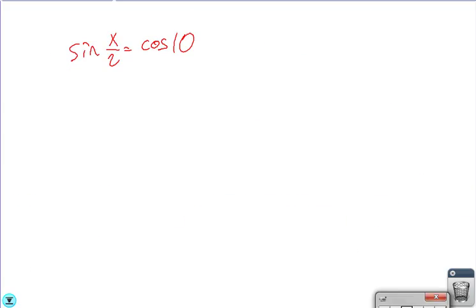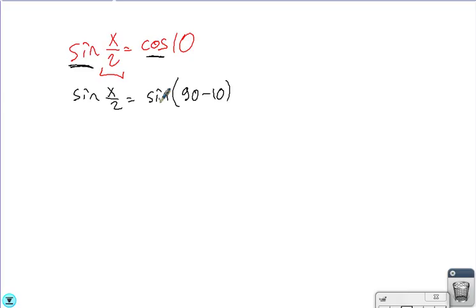Yes, guys, now I prepared the question in an empty place. So, we must have the same trigonometric ratio so we can find an answer. That's why we write sine of x over 2 and we try to change this one. Instead of cosine, I need sine. That's why I can change it like sine of 90 minus 10.